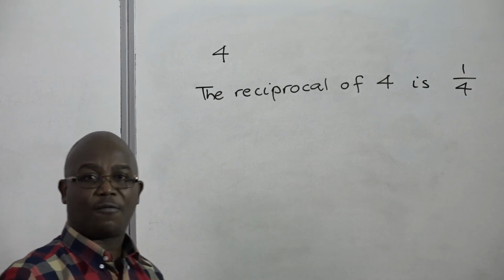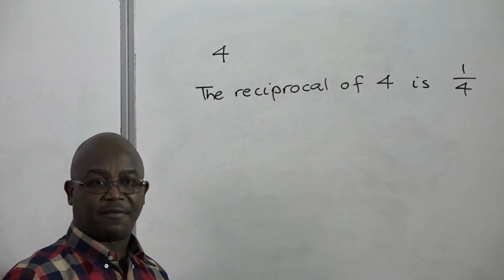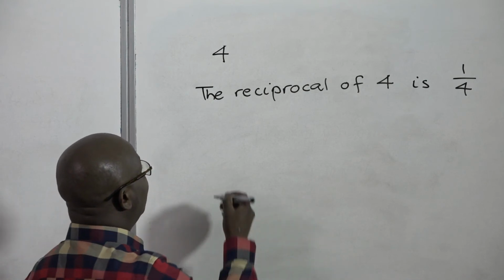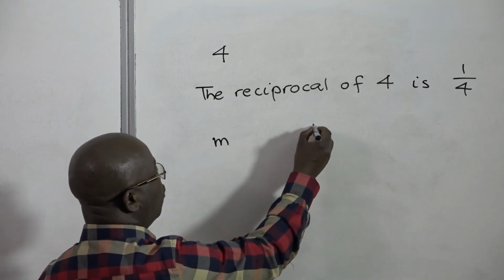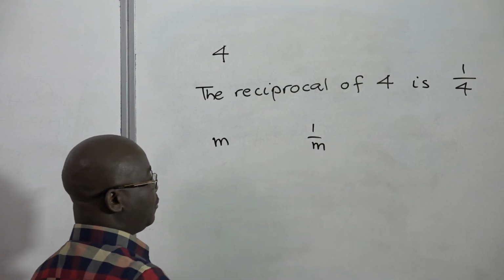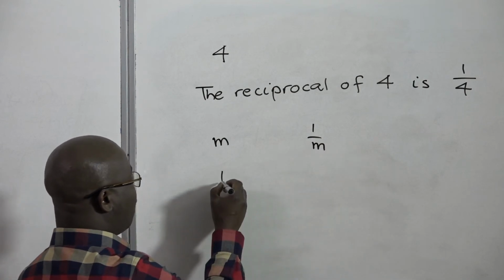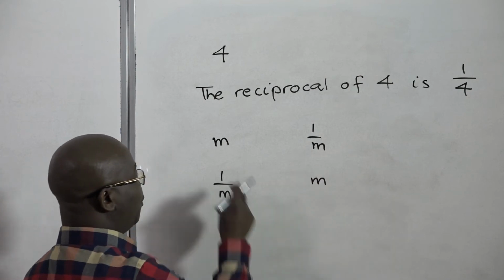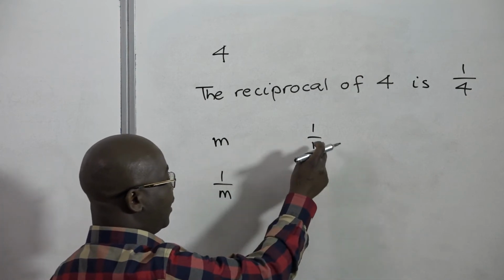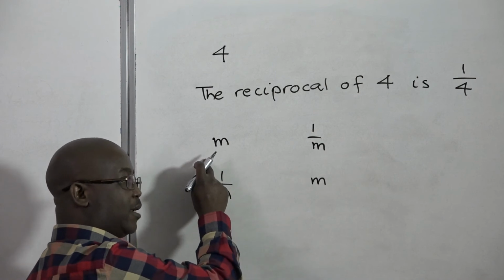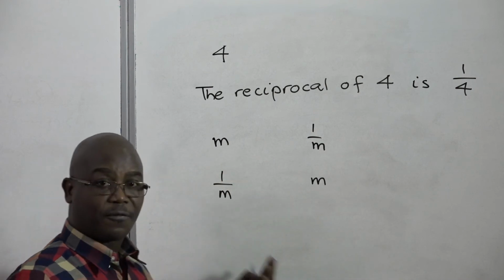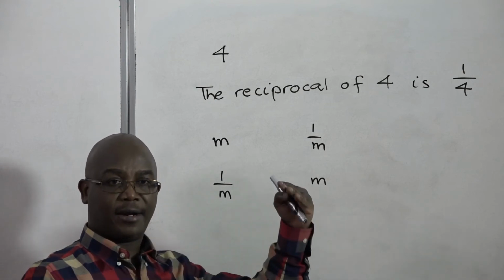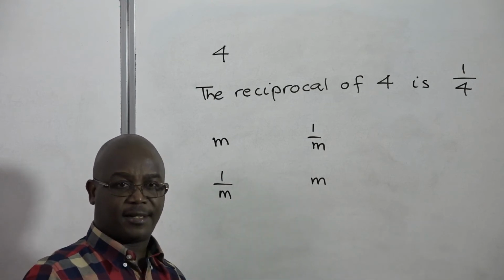So the reciprocal of a number is found by dividing 1 by that number. So the reciprocal of m becomes 1 over m. The reciprocal, therefore, of 1 over m is m. So this is the reciprocal of that, and this is the reciprocal of that. So to determine the reciprocal of a number, if it is a whole number, then we divide 1 by that number, and we get the reciprocal.